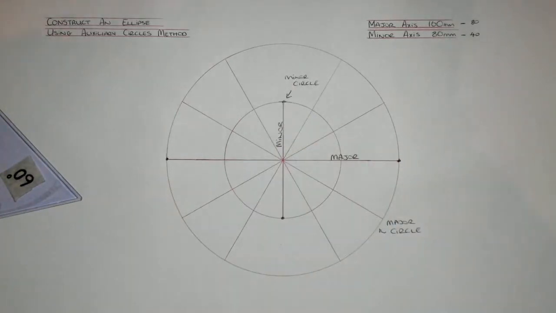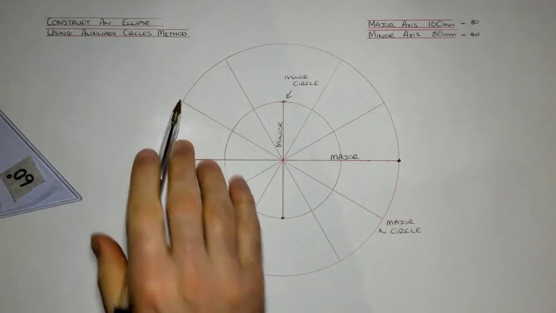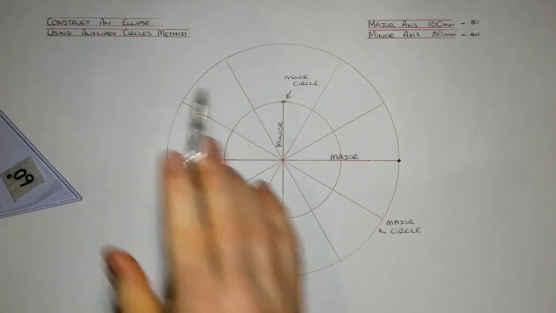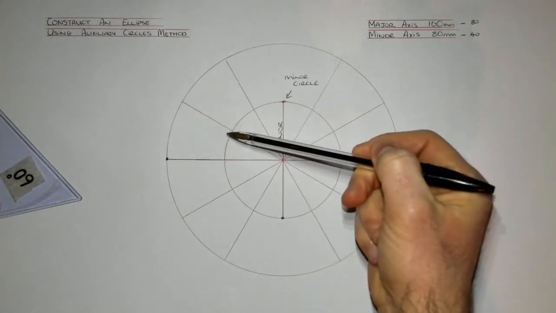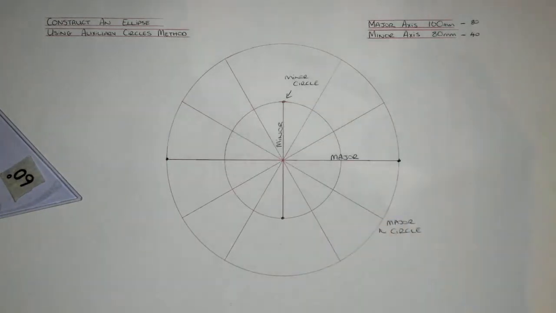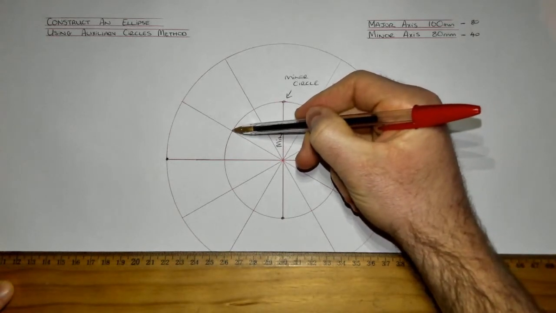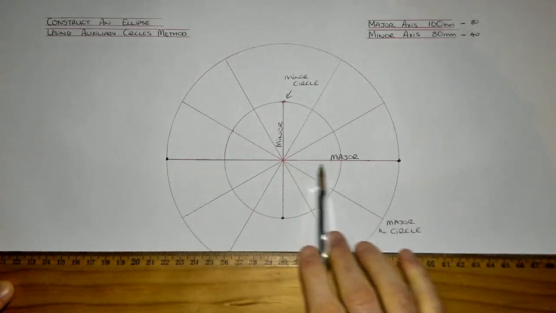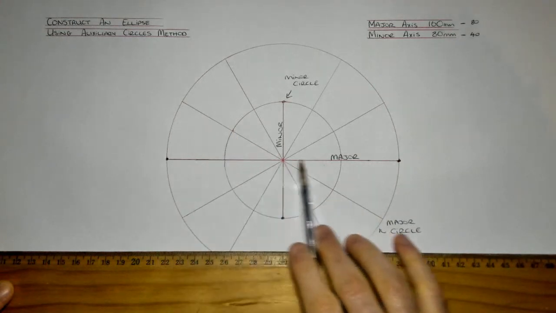So the method after this, and this is very, very important to note, is that I'm just going to use this line as an example to start off with. This line right here is cutting the major auxiliary circle here, and it's cutting the minor auxiliary circle here. What's important to note is where it cuts the minor circle, you go parallel to the major axis.